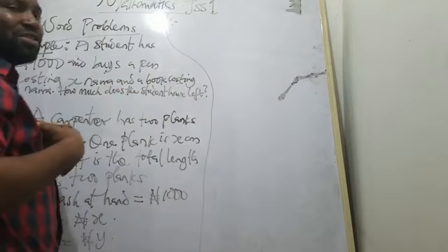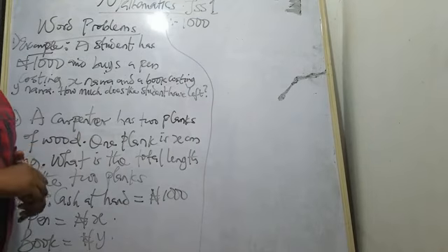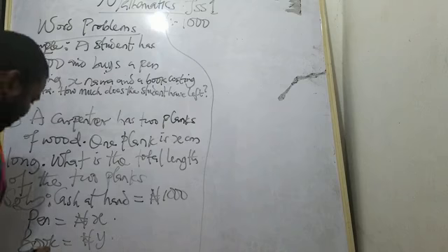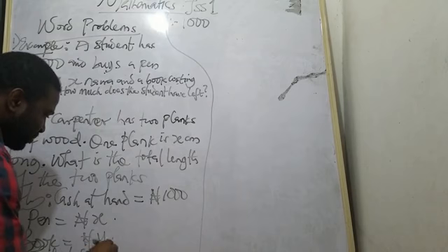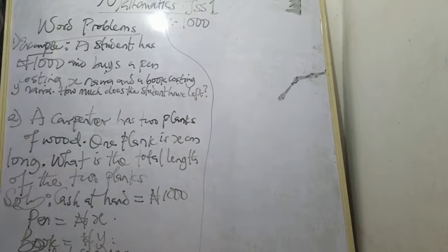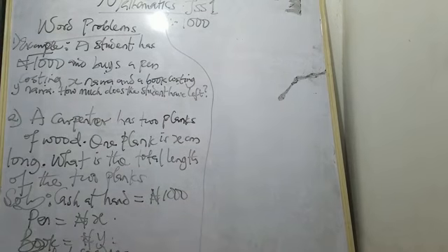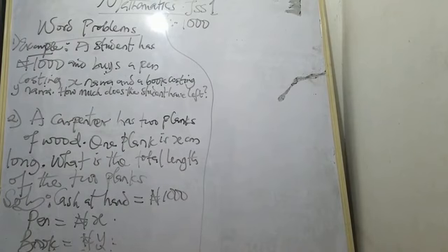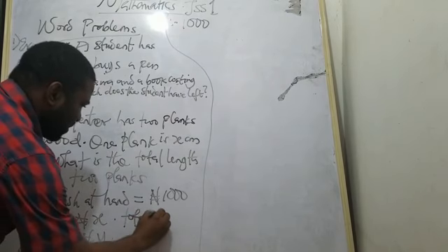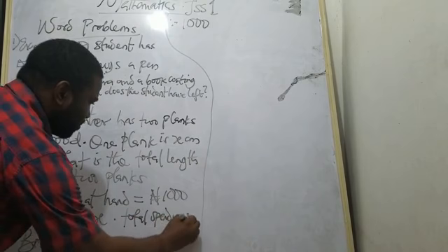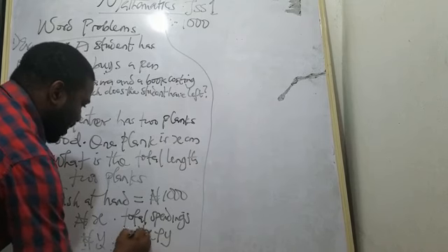The cash at hand is 1,000 naira, and the total spendings is equal to X plus Y. This is in naira, all right?